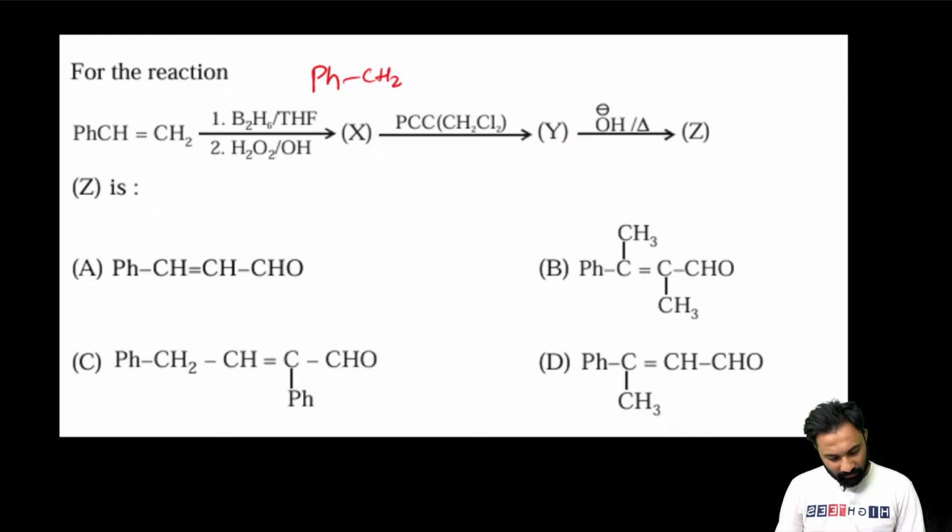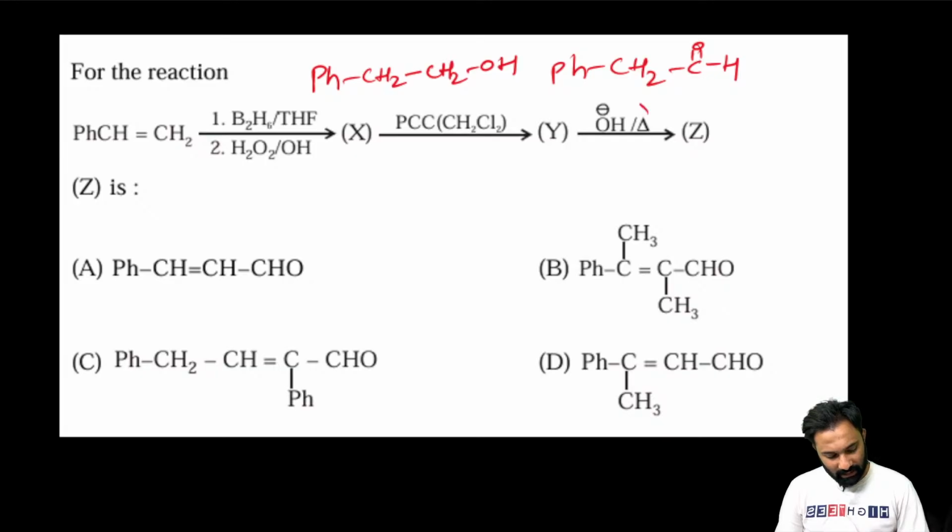Benzyl alcohol. Now this one will become, sorry, not benzyl alcohol. Now this one will become what? 2-phenyl ethyl 1-ol. Clear? Now this upon PCC will become what? Sorry, this one will become the aldehyde.